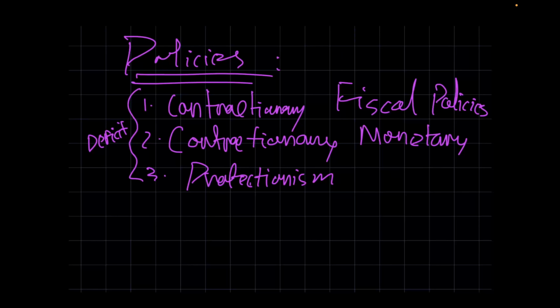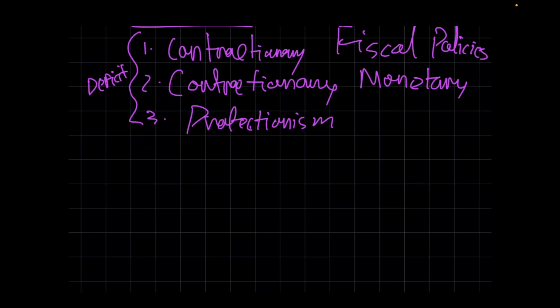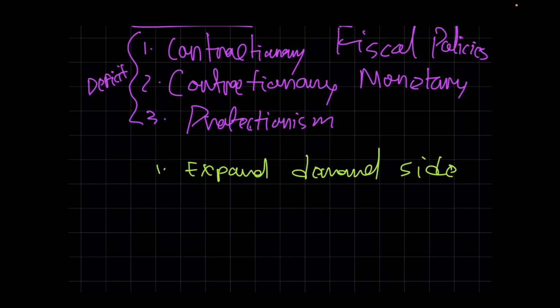Then let us look at it now for surplus. You can argue for expanding the demand side. I'm just basically writing that shorter. So basically expansionary monetary and fiscal policies and removing protectionism.